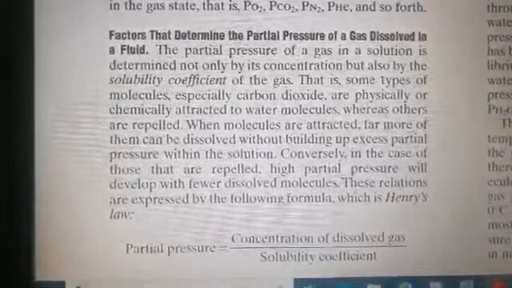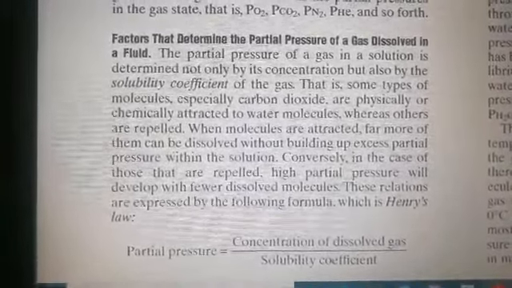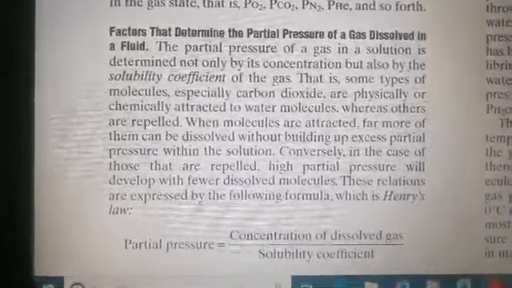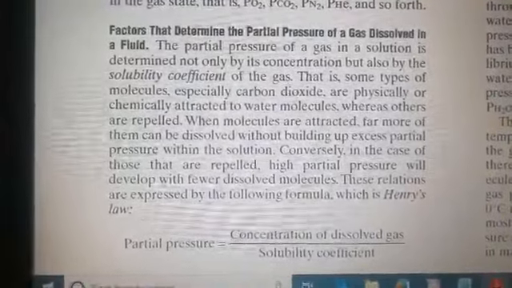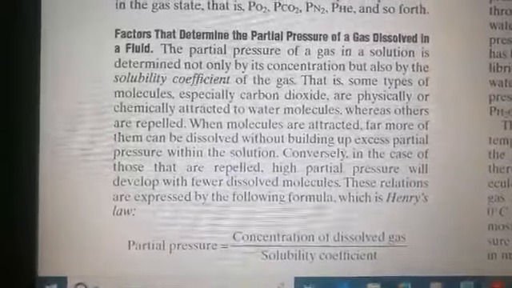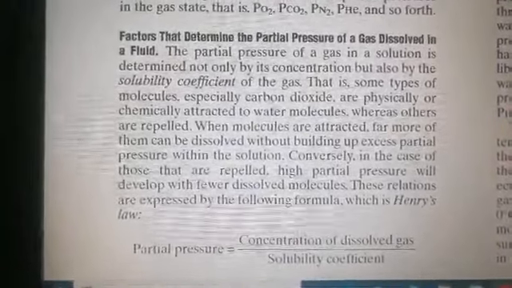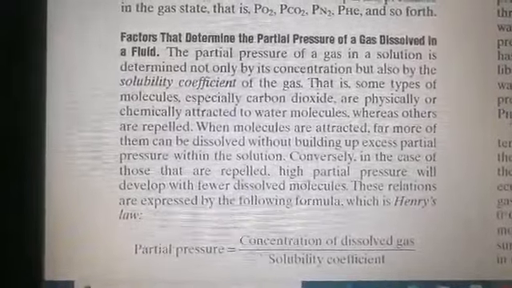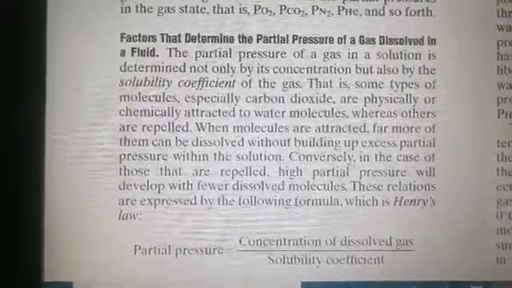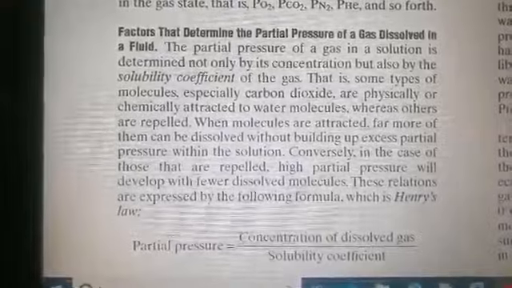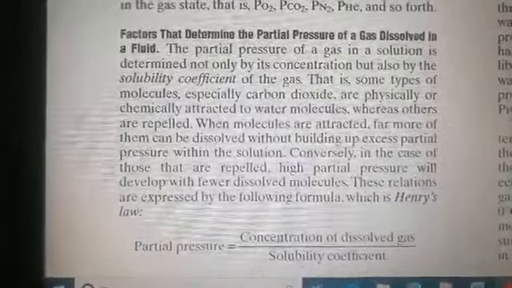You can see here Henry's law, which states that partial pressure is equal to concentration of dissolved gas over solubility coefficient. So you can see here the concentration of dissolved gas is directly proportional to partial pressure, and solubility coefficient is inversely proportional to partial pressure.